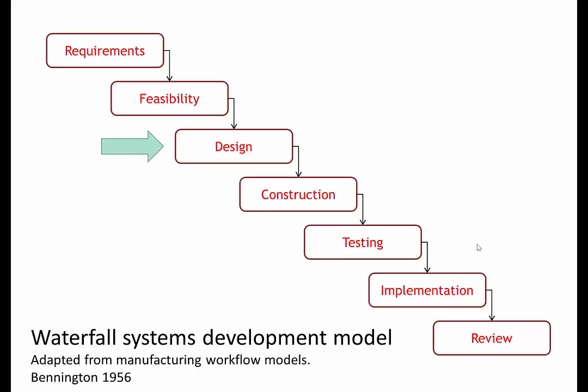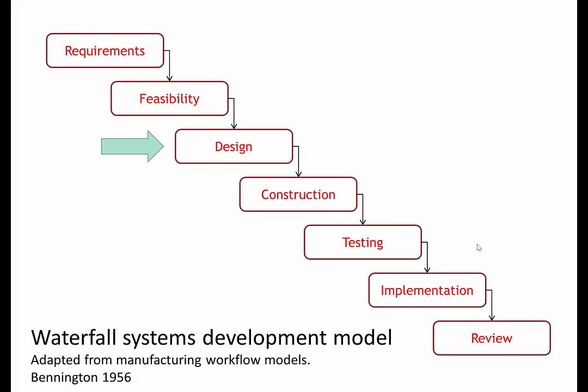The original waterfall model originates in the mid-50s with a man called Bennington, who knew about manufacturing workflow models. It's a linear process. It starts at the start of the conveyor belt. Person A sticks bolt A on bit B, etc. So he took the workflow models that are used in manufacturing industry and applied them to computer development.